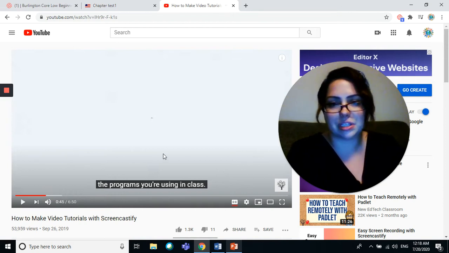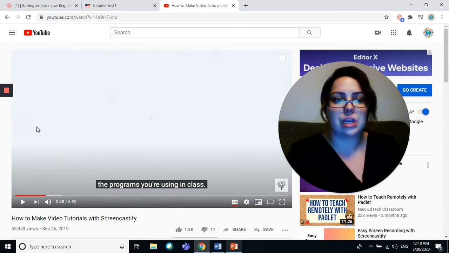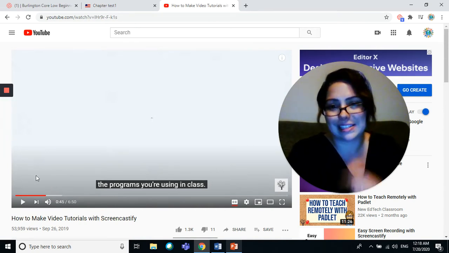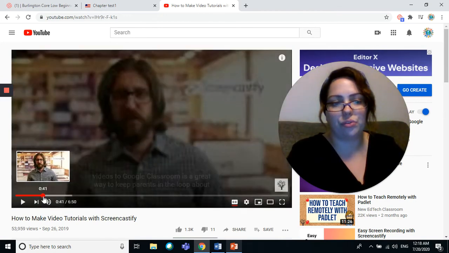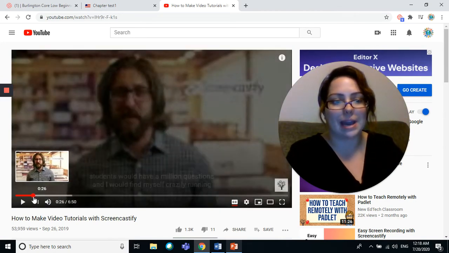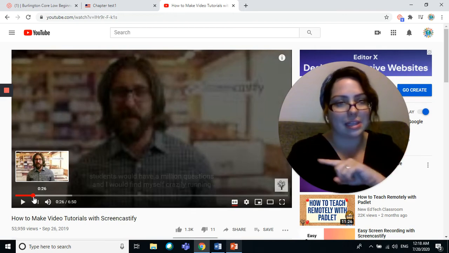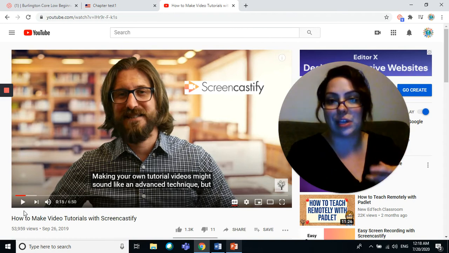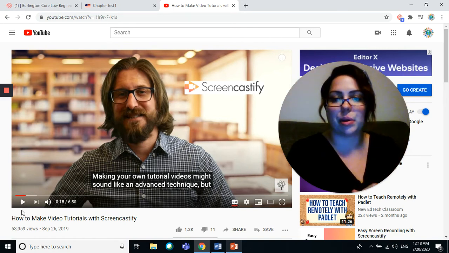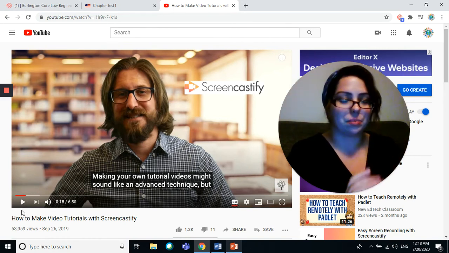If you're watching this on a computer or your phone and you need to move the video back to listen again, or if you need more time to write, then you're going to look at this red bar and move the bar backwards. Then just play the video again from the part you need to hear again.